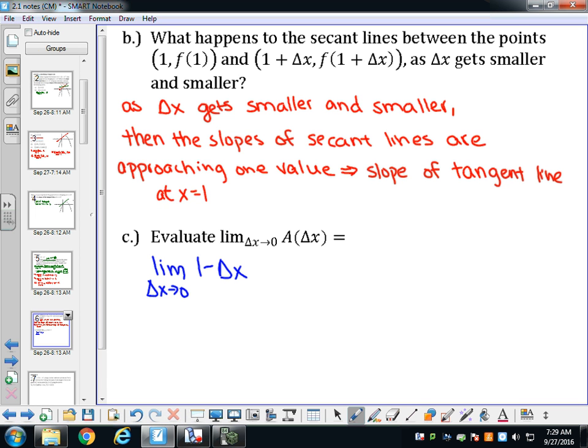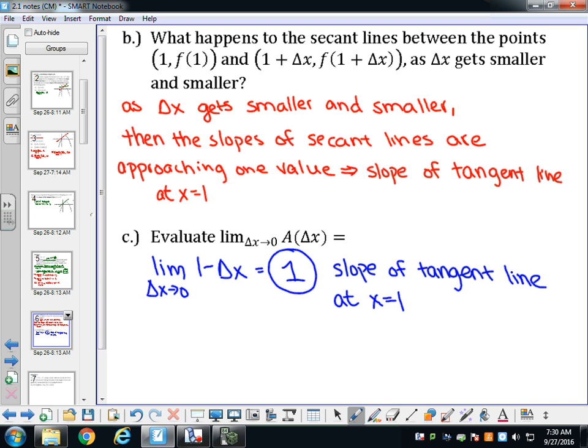So as I take the limit, I can use direct substitution, so I just get 1. Well, 1 is the slope of that tangent line. So by doing the limit, it's actually telling me what the slope of that tangent line at x equals 1 is.